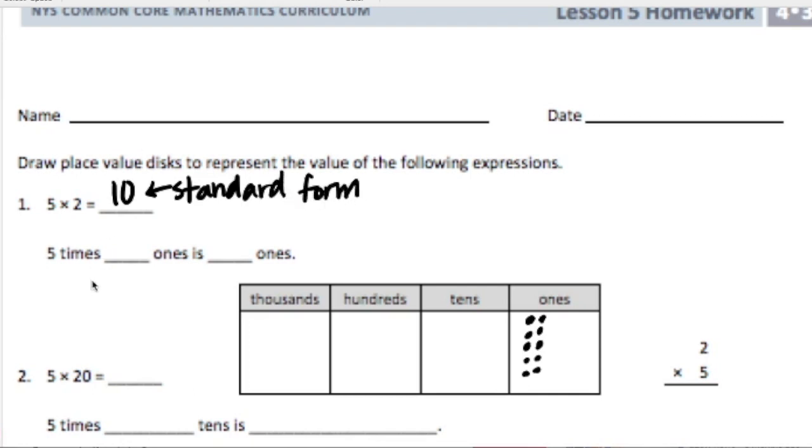This is standard form. I did 5 times 2 ones because I did 2 ones 5 times. See? 2, 2, 2, 2, 2. That equals 10 ones. And this expression is unit form.